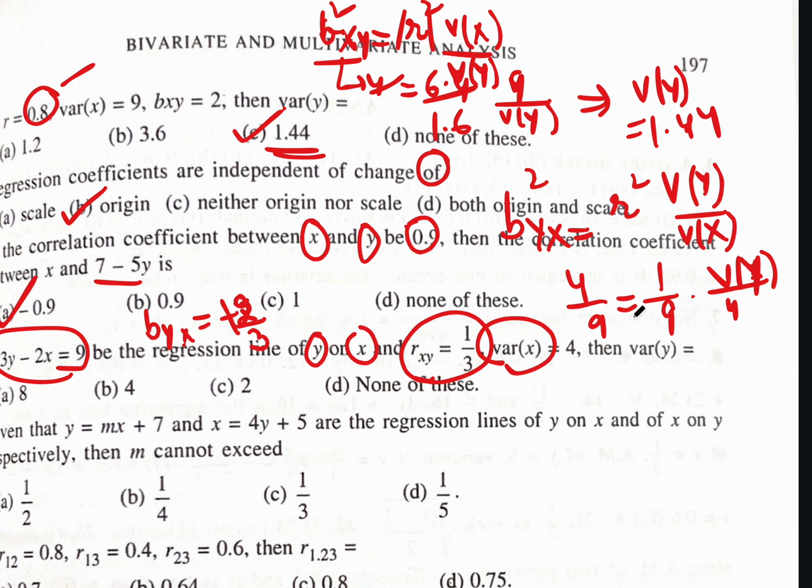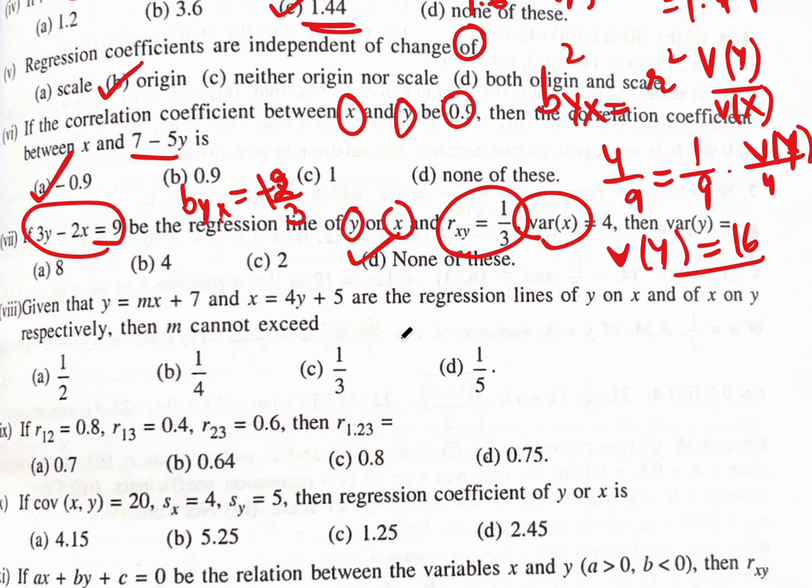Wait, I'm thinking, is it d? Okay, so variance of y is 16 and the correct option is actually d only.